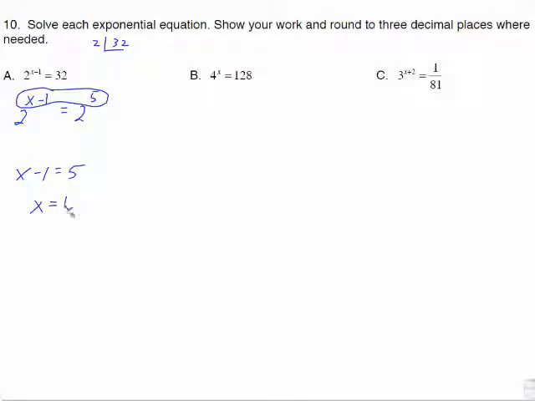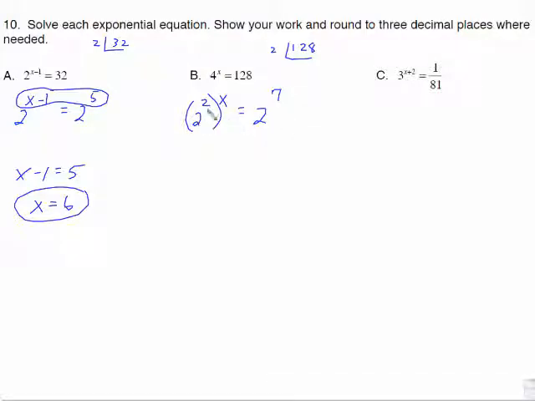So x is 6. This is a little more complicated because there is no power that goes on 4 to give me 128, but both of these can be thought of as base 2. So 2 squared is another way to think of 4. So this is 2 squared, all raised to the xth. And 128 is 2 to the 7th. Same deal, how do I get 7? I can play with the calculator till I land on 128, or I can do 128 and keep doing my successive divisions, and I will end up with a string of 7 2's.